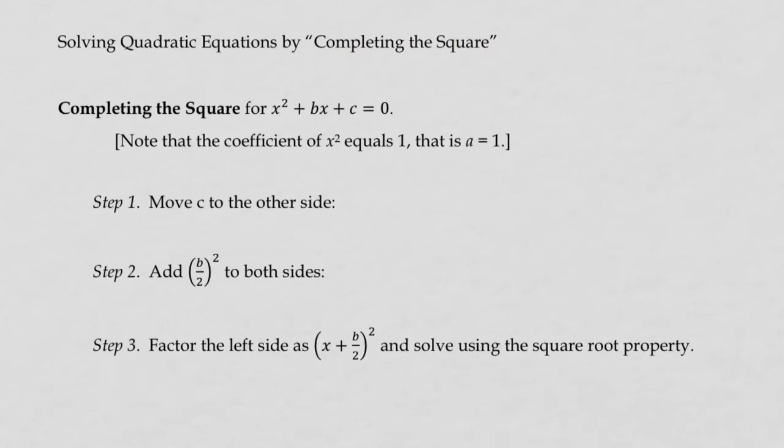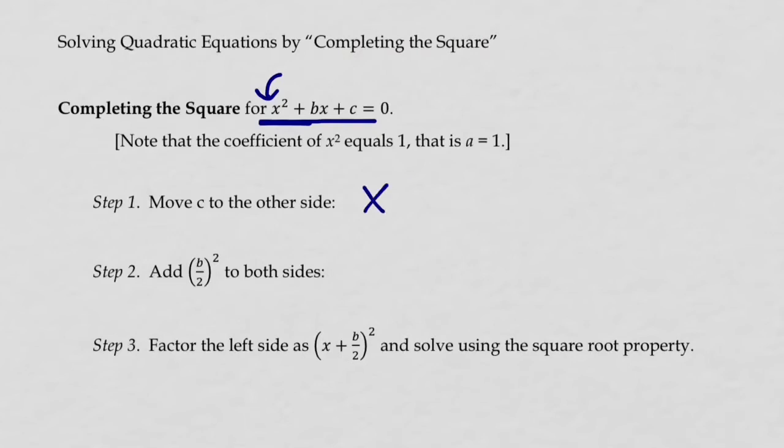If we have a slightly specialized expression where I have 1 as the value for a, so there's nothing in front of the x squared, and in general we just leave it empty, so I have x squared plus bx plus c equals 0. Then what I'd like to do is move c to the other side.